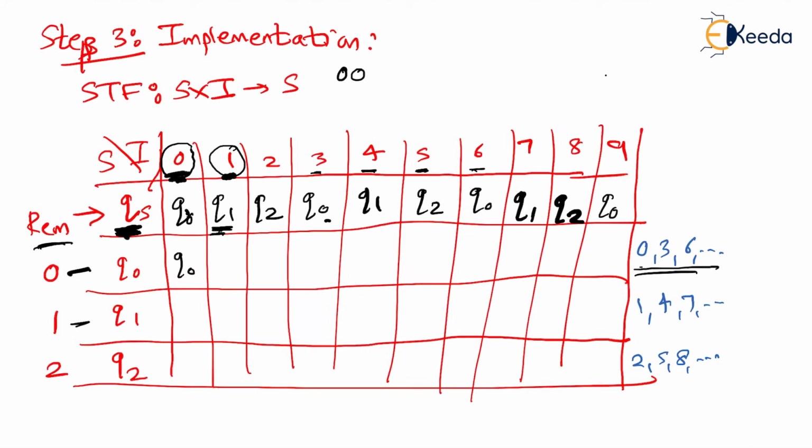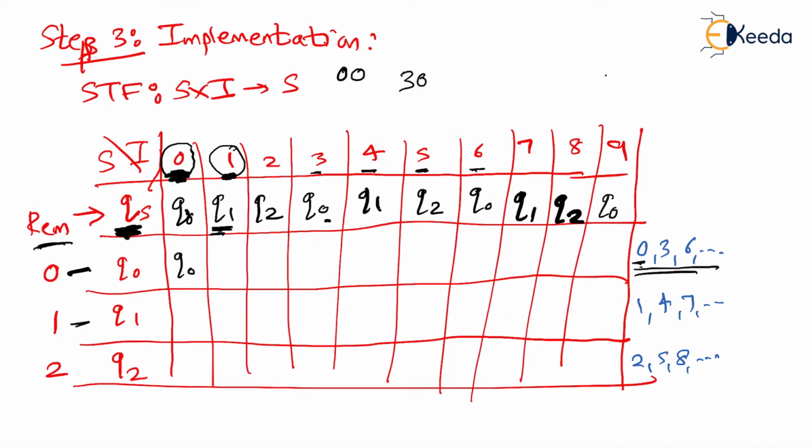Similarly, instead of assuming a number initially from this set as 0, I assume another number called 3. So I am assuming in state Q0 there was initially a number 3. So 3 was initially there and what came after that in the input was 0. So the number became 30. 30 when divided by 3 again is going to give me the remainder as 0. Remainder as 0 means I have to go to Q0 and you can see over here that Q0 is already there.